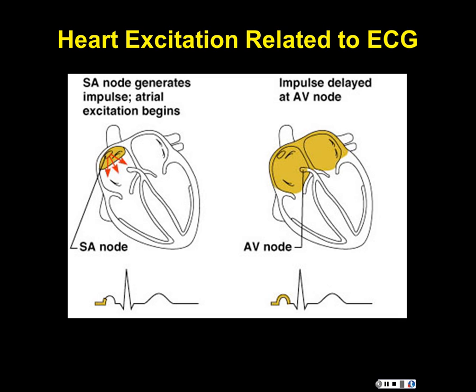So during the P wave, that represents the electrical depolarization of the atria, but also tells us that they are entering into systole. So during the P wave, the atria are depolarizing and are in systole.